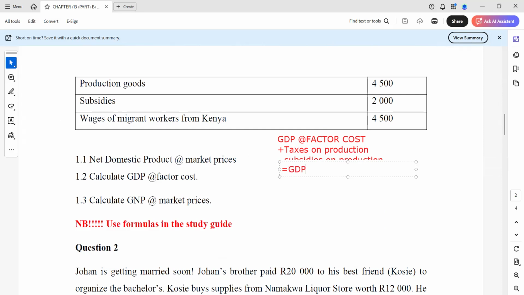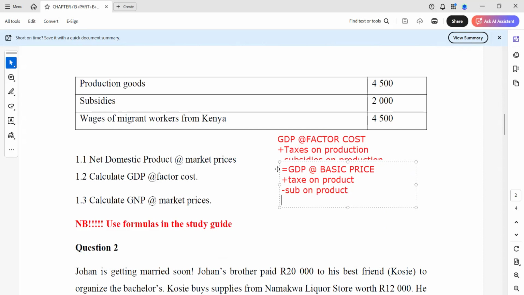You're gonna get GDP at basic price, right? Then from GDP at basic prices, you're going to do what? You're gonna add taxes on product minus subsidies on product, right?